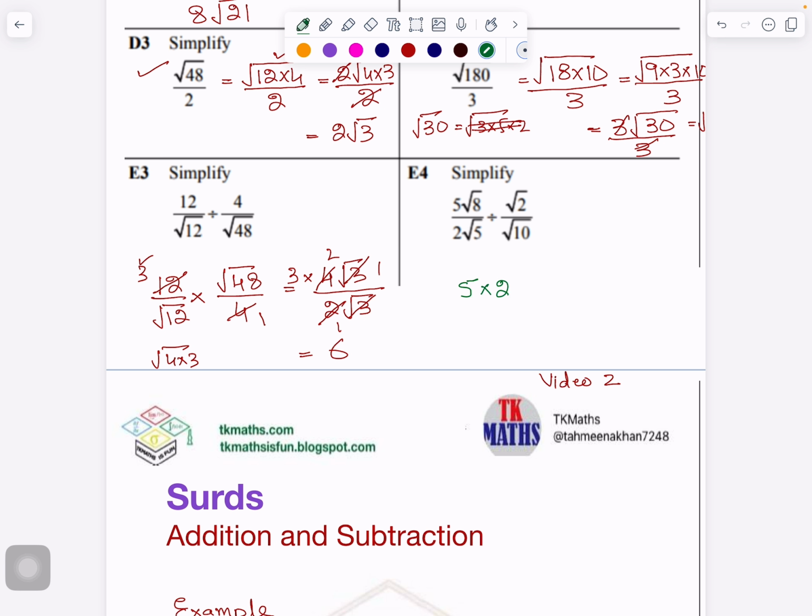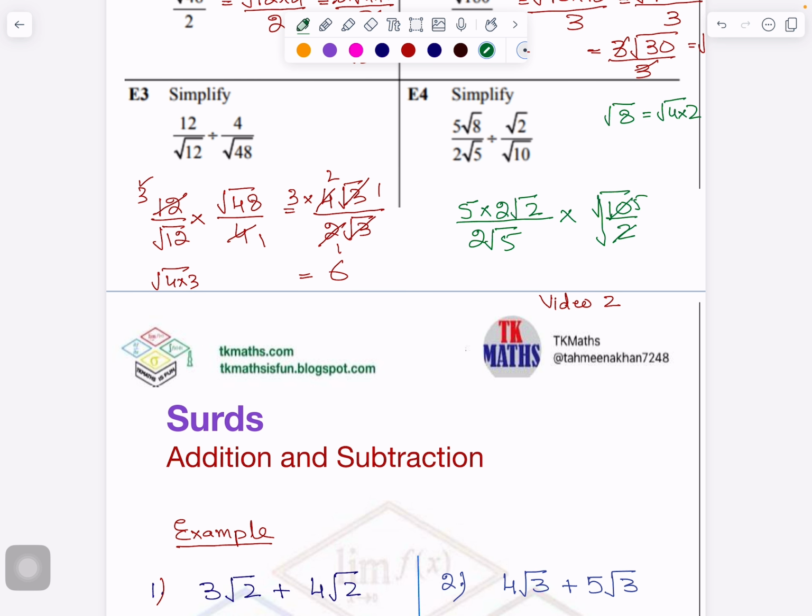Root 8 was equal to 4 times 2, right? So it is 2 root 2. And this part is 2 root 5. Because it is division, I will change it into multiplication and apply this rule we have learned. Now we can write it together. 2 5s are 10. Now what do I have?